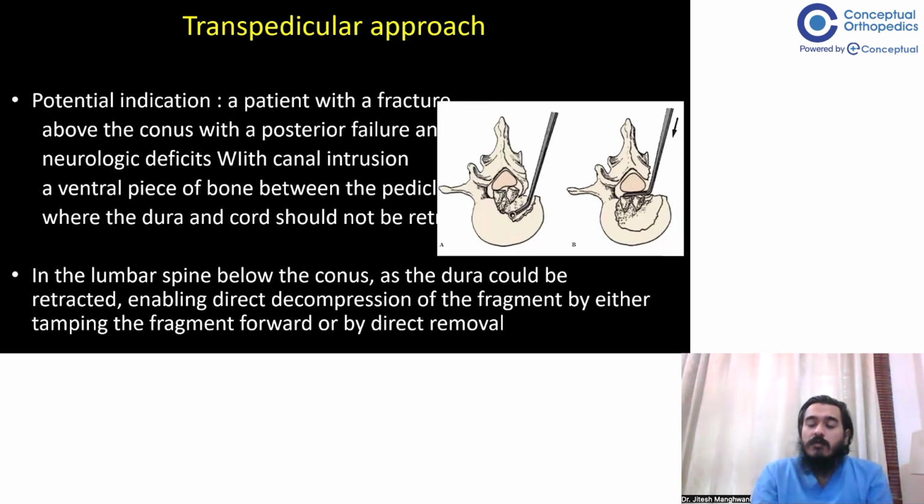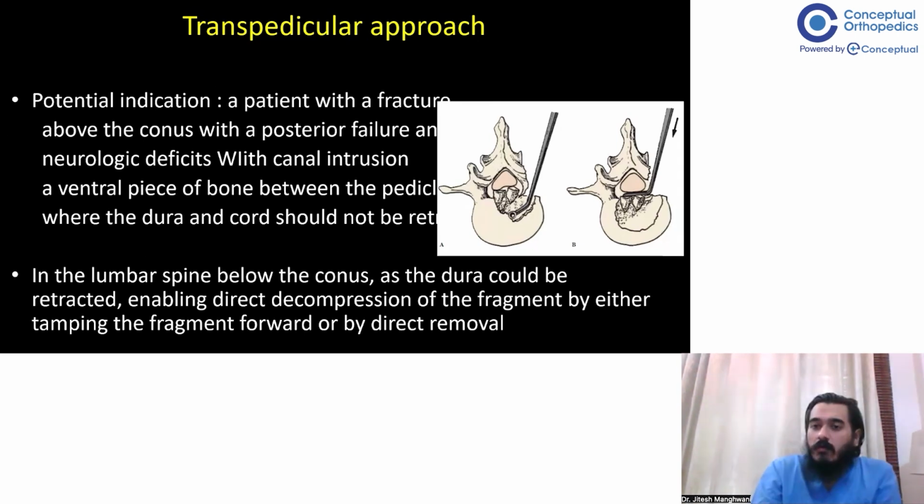What we do is we approach via the pedicle, and we either remove these fragments or we thumb them back in place. We do this so that we don't retract the dura or conus at all. As you see, we are approaching via the pedicle. This is the pedicle over here. We remove the pedicle.